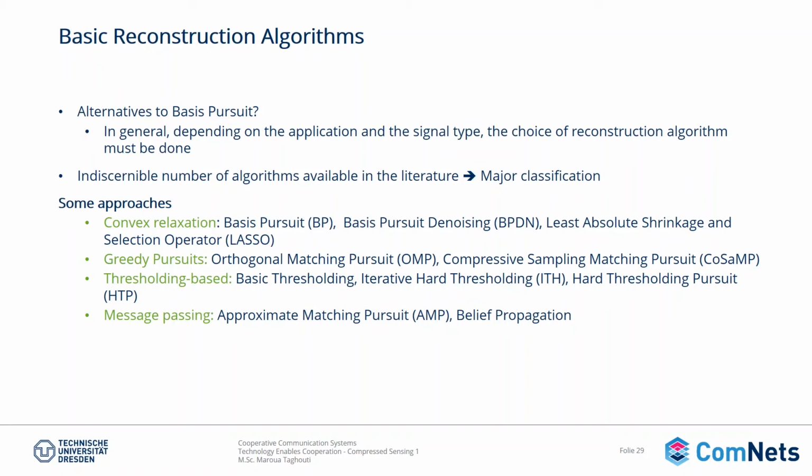There is also compressive sampling matching pursuit, and another class called thresholding based algorithms, like iterative hard thresholding or soft thresholding, hard thresholding pursuit, and so on. And finally, last but not least, message passing algorithms, for example belief propagation, which is widely used with LDPC codes, or approximate message passing.